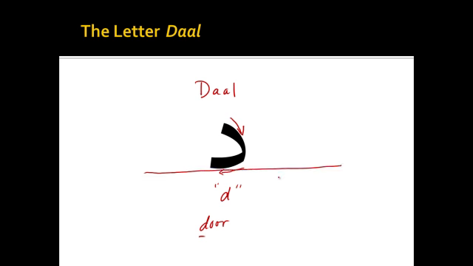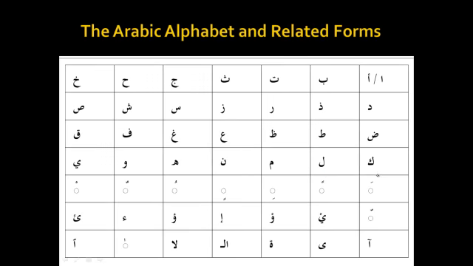So let's look at it in the different positions, the 4 different positions for the Arabic letters. Before that, we'll identify where it is on the alphabet. And here we go. Here's the Daal in the alphabet. Again, we're going from right to left.